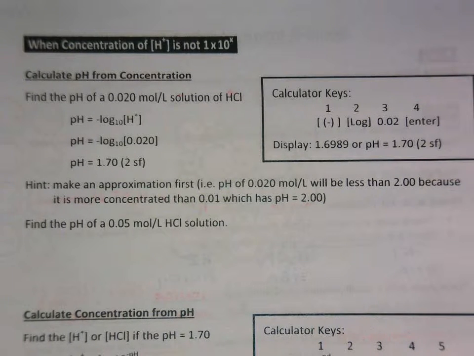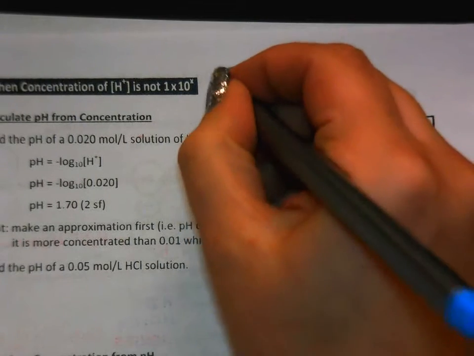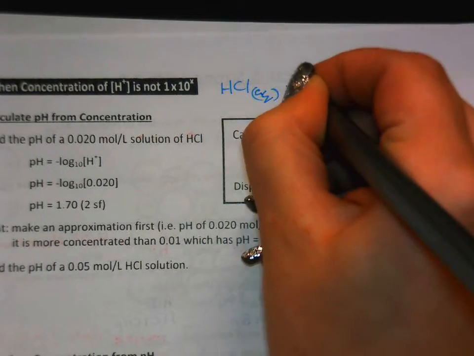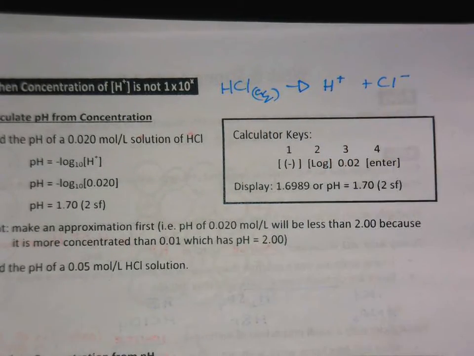So let's try some concentration calculations with pH. Find the pH of a 0.02 mole per liter solution of HCl. So we need to think about this for a second. For HCl, put it into water, and it's going to ionize and make H plus and Cl negative.